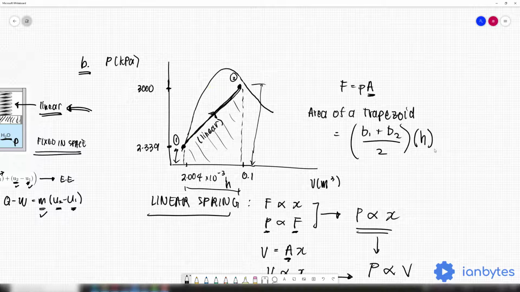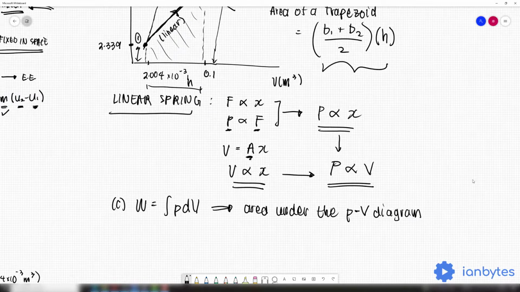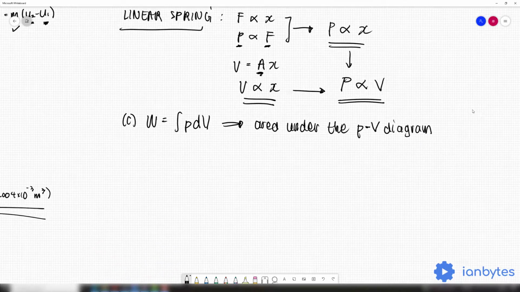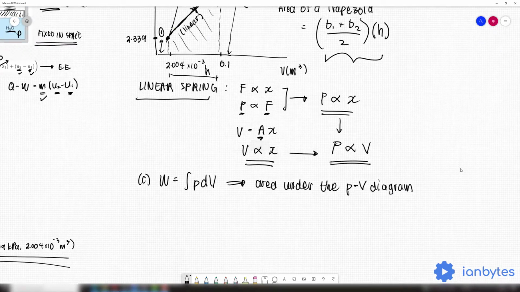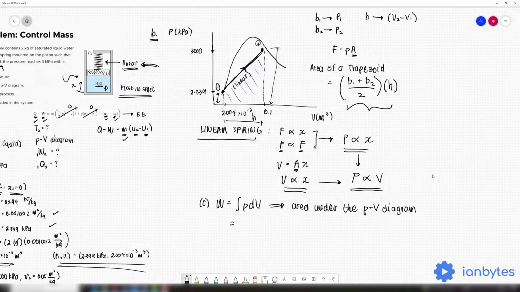And if we inspect further the PV diagram, B1 is just the initial pressure P1, B2 is just the final pressure P2, and h is just the change in volume V2 minus V1. So now, modifying this formula, we can now get the area under the PV diagram. So let me just zoom that out so we can see better. So basically, we have P1 plus P2 all over 2 multiplied by V2 minus V1.